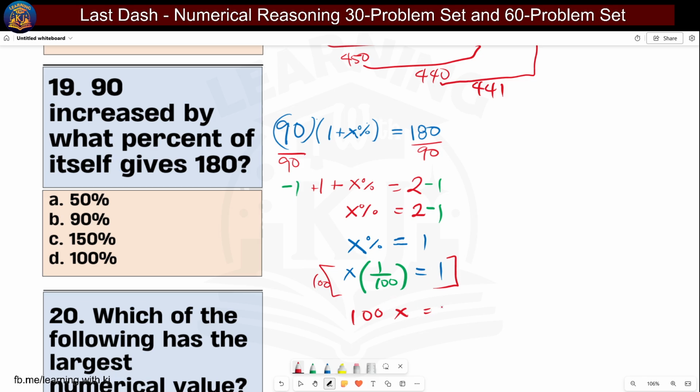Okay. Yeah. We have 100x over 100. That's 1 na pala. Kaya pala nilito ako. Okay, so we have x. That's 1 na ha. Okay. X would be equal to 1 times 100 or 100% of itself. Yung number lang na 100 yung kinuha natin.